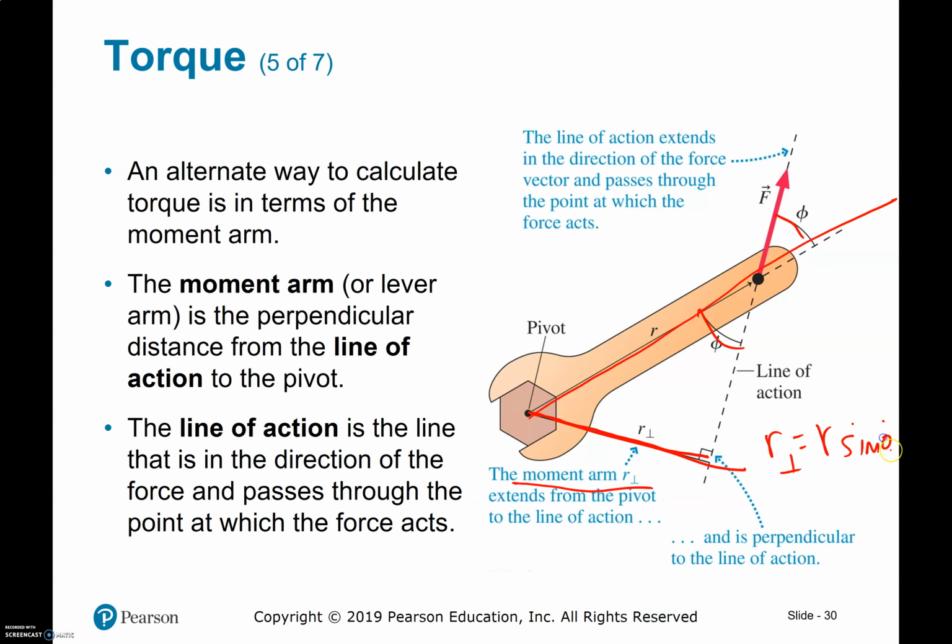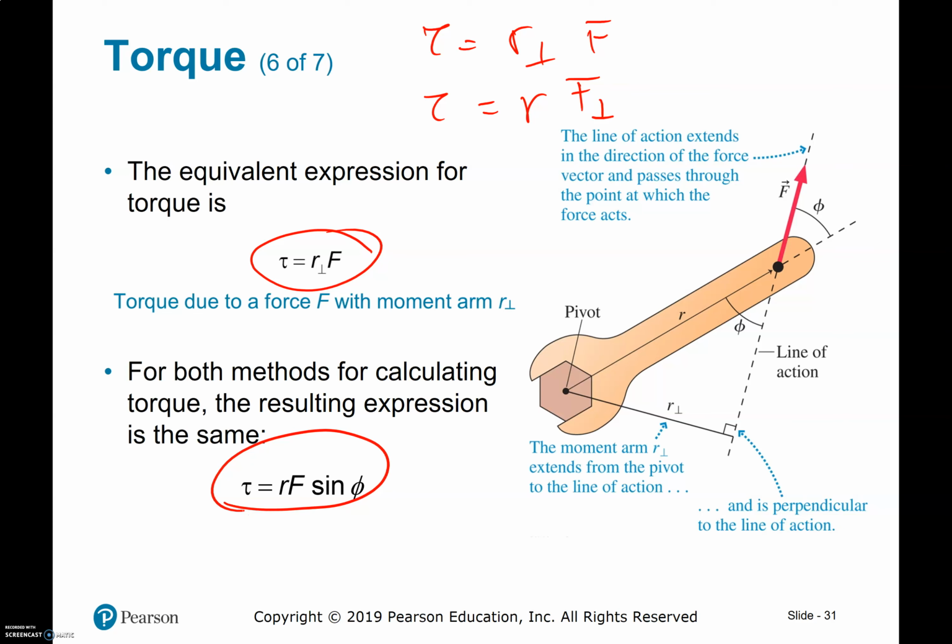So you can look at torque both ways. This is the definition of torque. You can define torque as R perpendicular times F, or you can define torque as R times F perpendicular. These are two equivalent definitions, and they both translate into this equation here, which is the same for both.